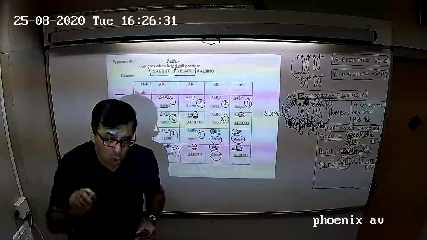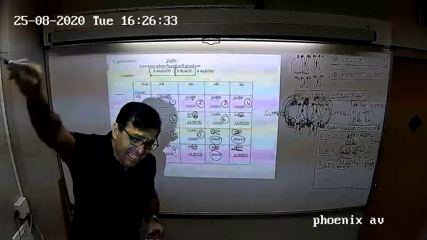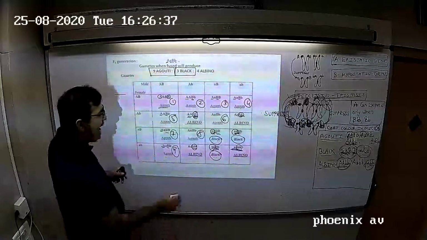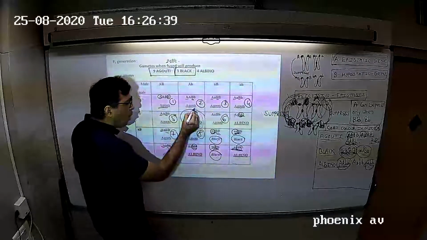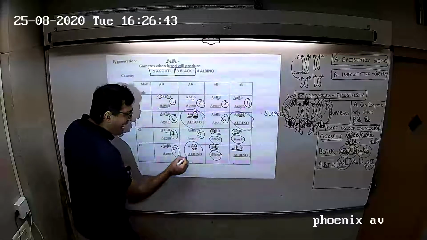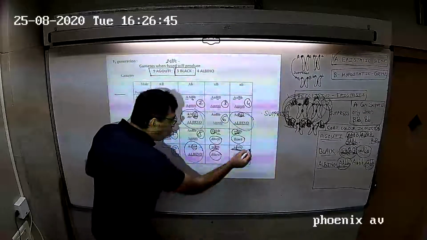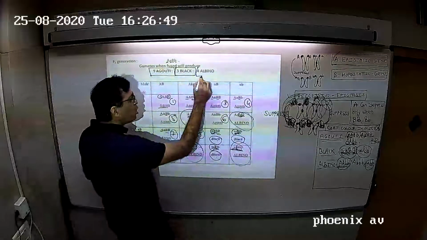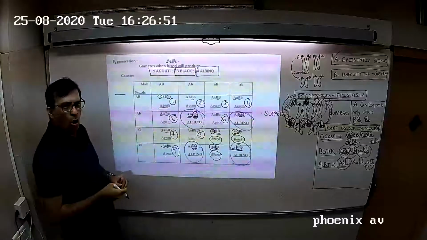Albino. Small b causes recessive epistasis, and you got albino. So how many albinos? 4 albinos.